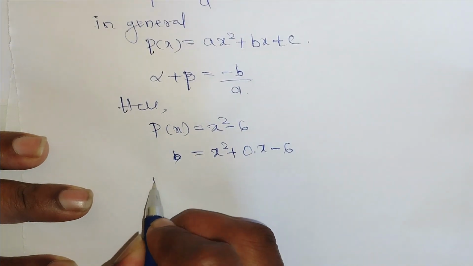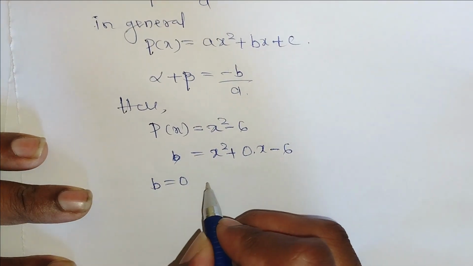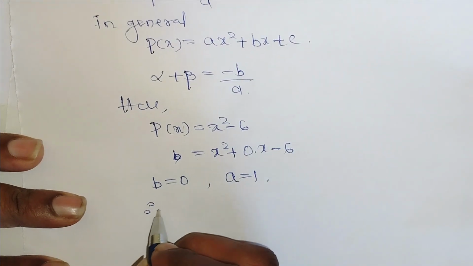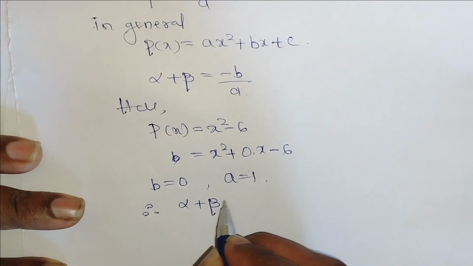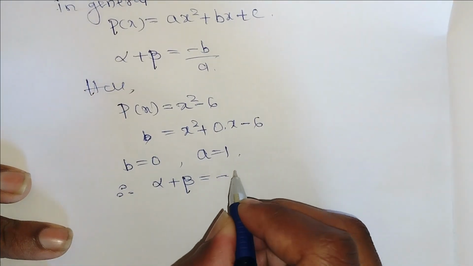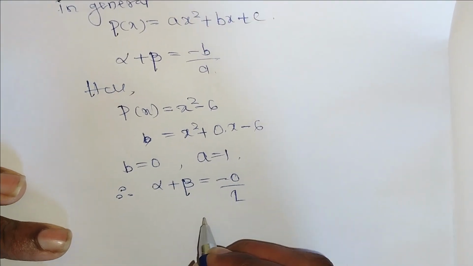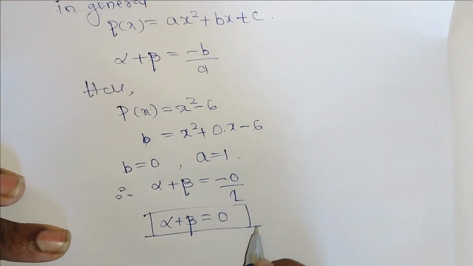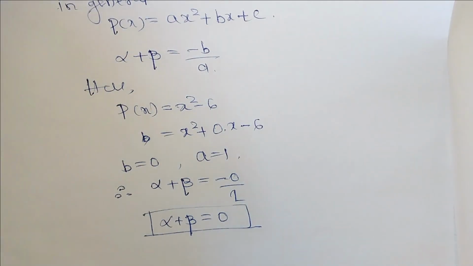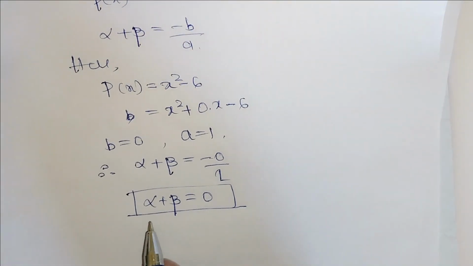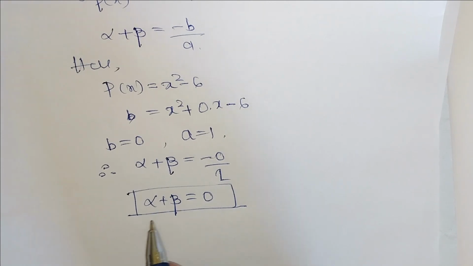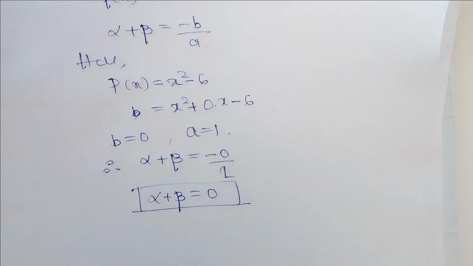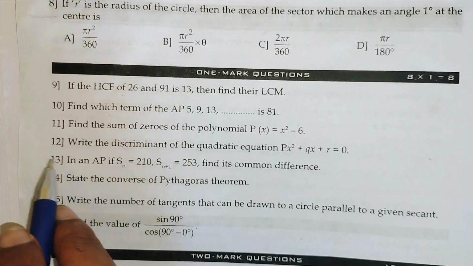So b becomes 0 and a becomes 1. Therefore the sum of zeros, alpha plus beta, equals minus 0 by 1, that is 0. Okay, it is the answer. Please note that whatever I write in the square box is the answer. Next we can go to the next question.